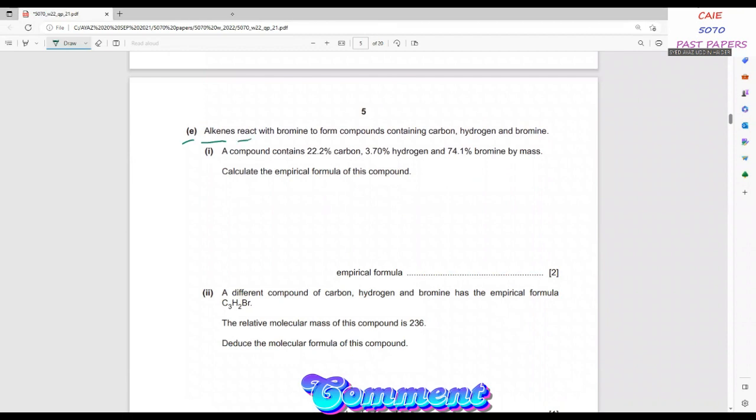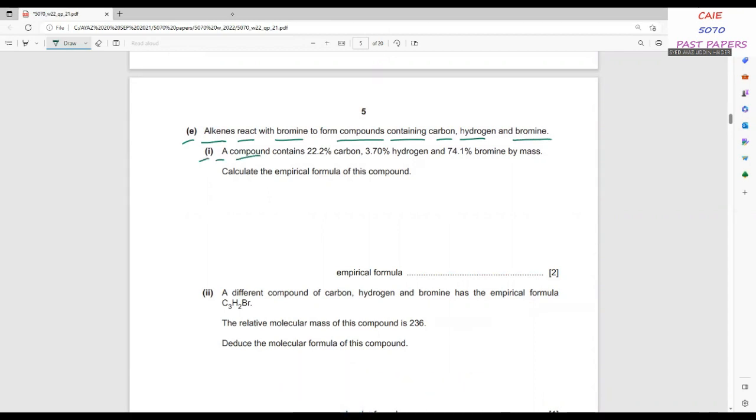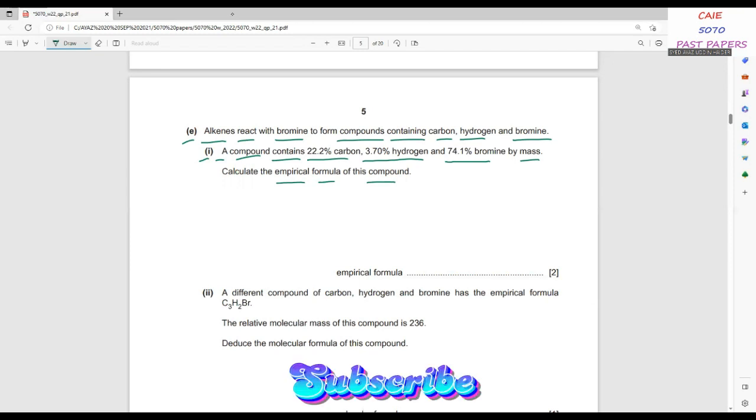E. Alkenes react with bromine to form compounds containing carbon, hydrogen, and bromine. Number 1, a compound contains 22.2% carbon, 3.7% hydrogen, and 74.1% bromine by mass. Calculate the empirical formula of this compound.